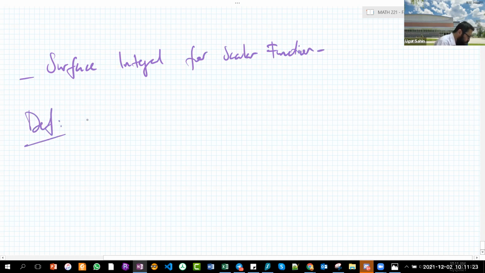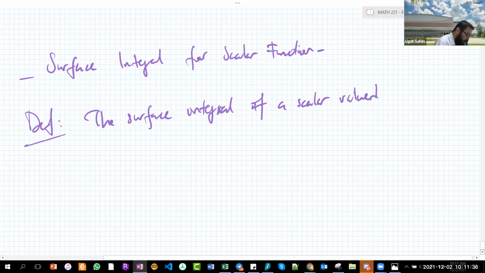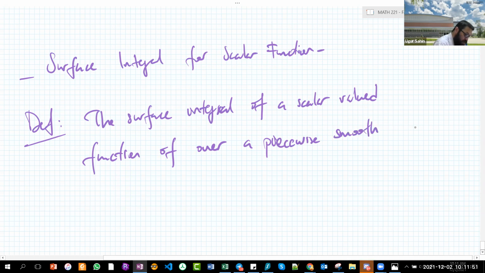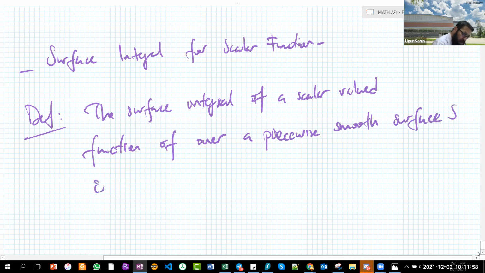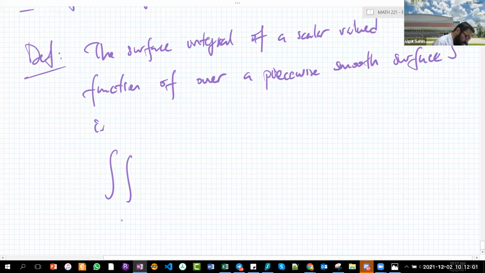Definition: The surface integral of a scalar valued function f over a piecewise smooth surface S is given by this integral, the double integral over S of f(x, y, z) dS.